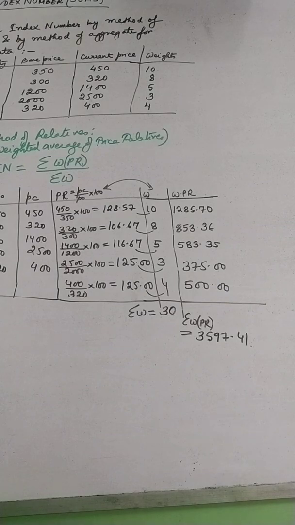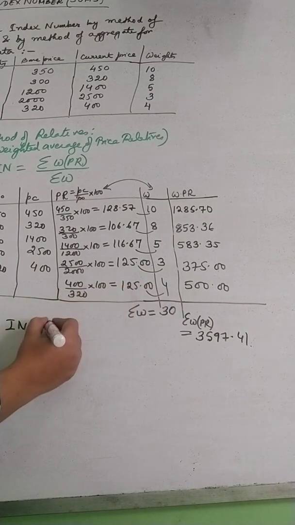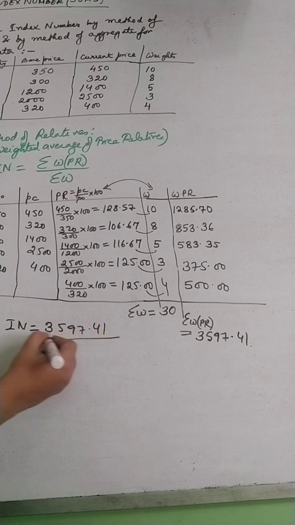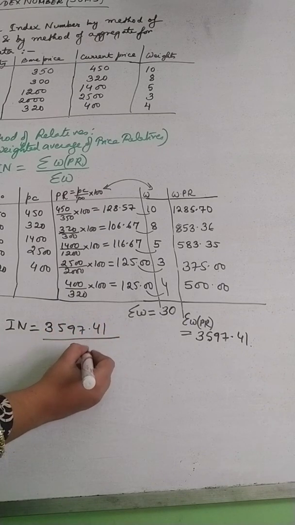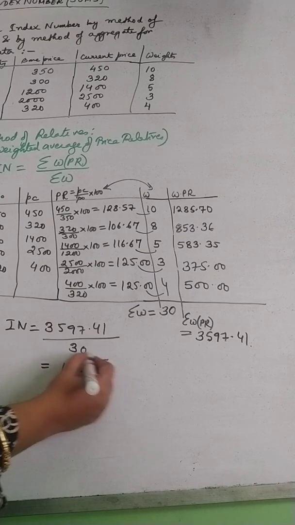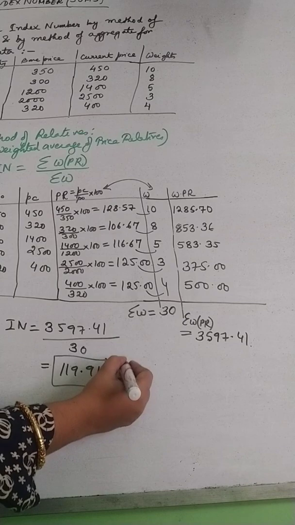You can work it out on your own to check. So what is IN? Therefore, IN is equal to 3597.41 divided by 30. Your answer is coming to 119.91.